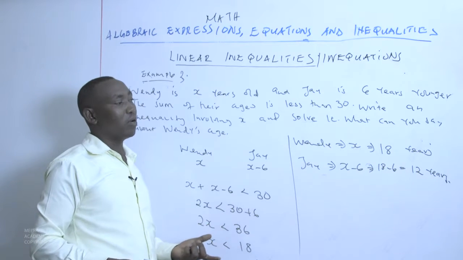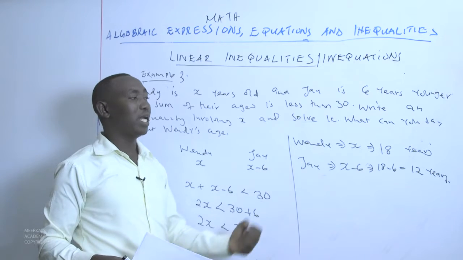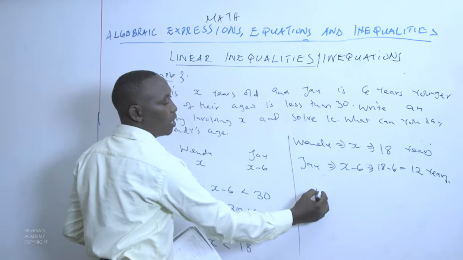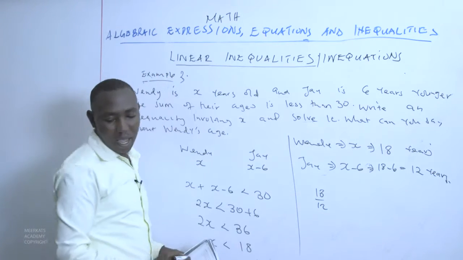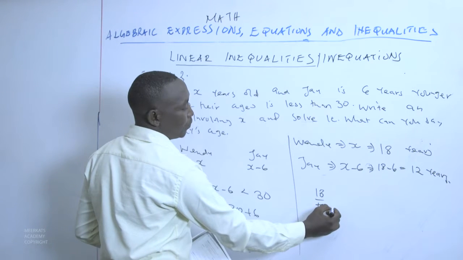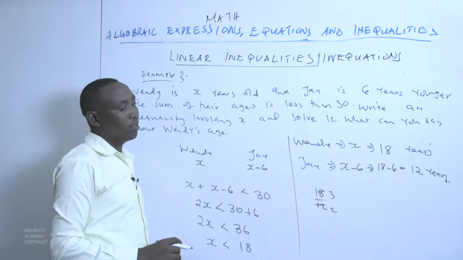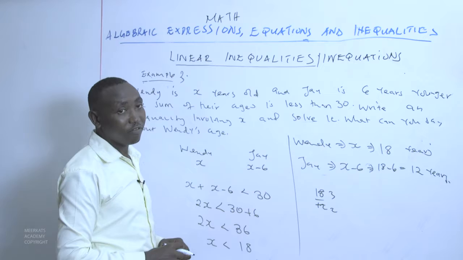You can say something about the age of Wendy. When you write them as a fraction, that will be 18 over 12, and 18 divided by 12 is 3 halves.